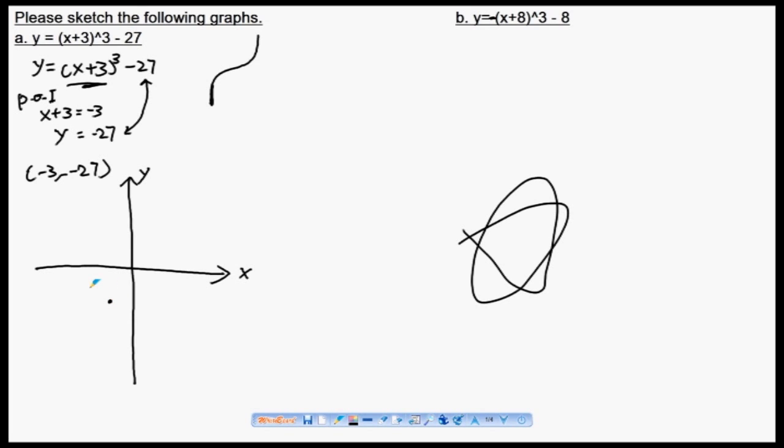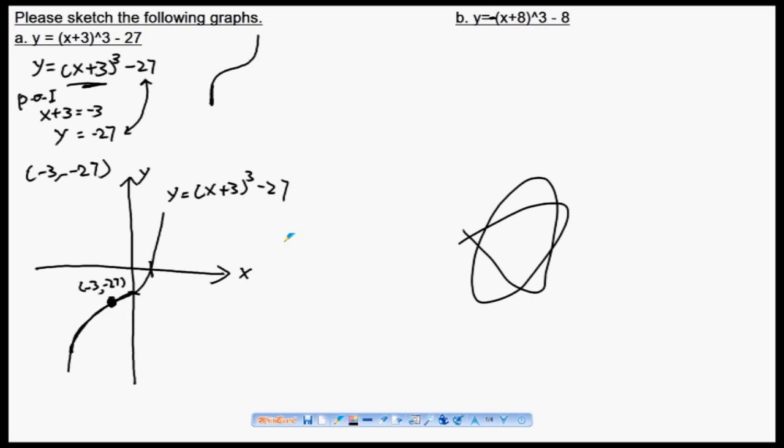See, this point is (minus 3, minus 27), and our graph would look like this. y equals (x plus 3) cubed minus 27, with the point of inflection there, and from the graph we can see a y-intercept and an x-intercept.